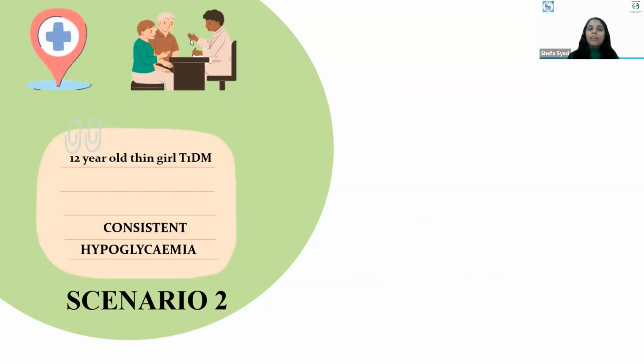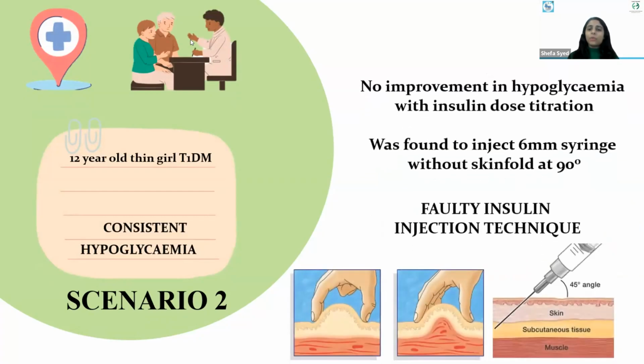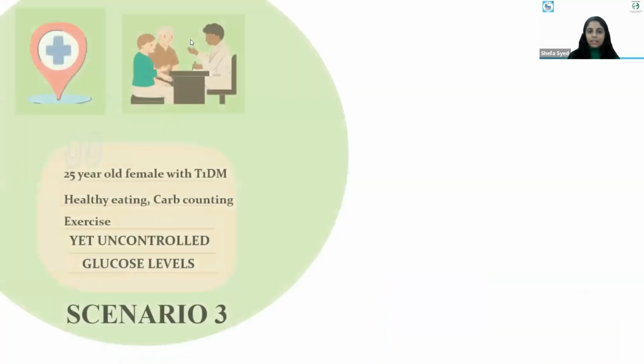But when we asked her to demonstrate how she was taking insulin, she was not doing the skin fold before injecting insulin. She was using a 6 mm needle and injecting without a skin fold. So her insulin, instead of going into the subcutaneous tissue, was going into the muscle tissue, which was increasing the rapid absorption of insulin. This was another faulty insulin injection technique scenario.